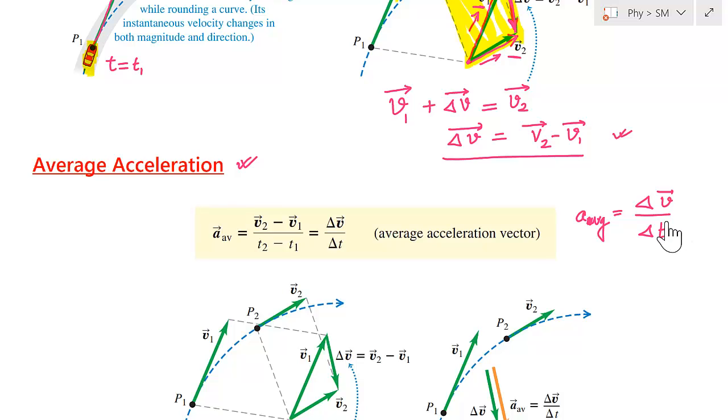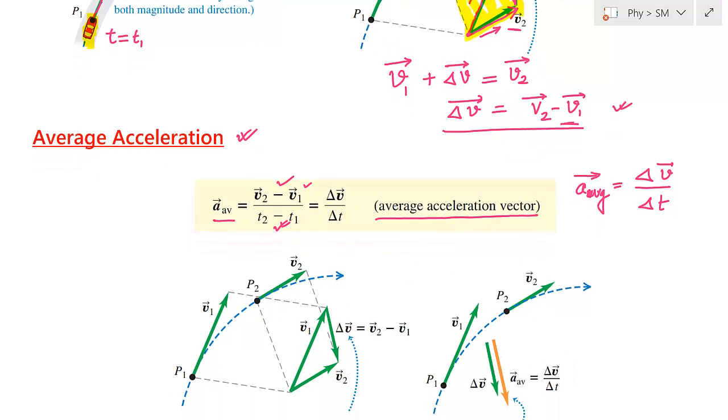As I said, delta V is nothing but V2 minus V1, and the change in time is T2 minus T1. So I can write the average acceleration vector a average is equal to V2 minus V1 divided by T2 minus T1. That is the same as delta V divided by delta t. So this is the average acceleration vector.